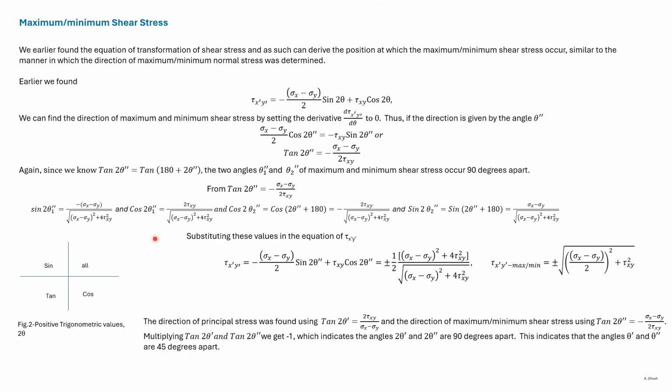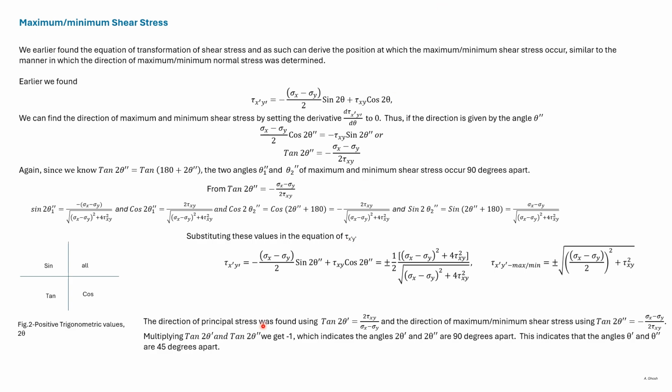So the plane of maximum shear stress will be in the fourth quadrant. Cos 2 theta double dash 2 will be negative, and sine 2 theta double dash 2 will be positive. So the plane of minimum shear stress will be in the second quadrant. So in this case, if we rotate anti-clockwise, then we'll first encounter the plane of minimum shear stress.